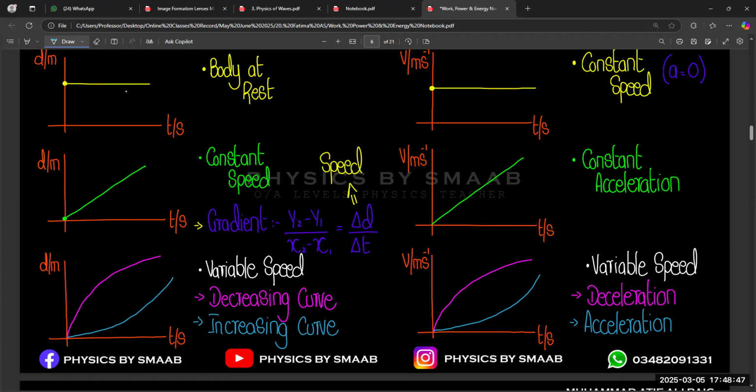So this is the basic graphical representation of distance time and speed time graphs that we already studied in O levels or IGCSE.